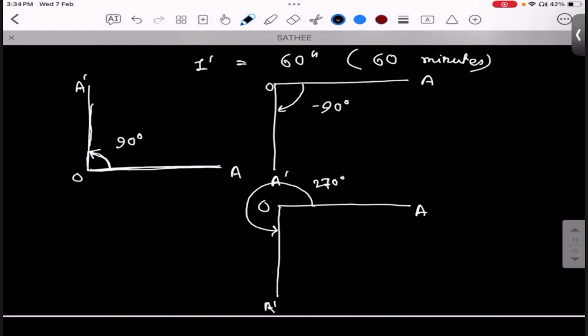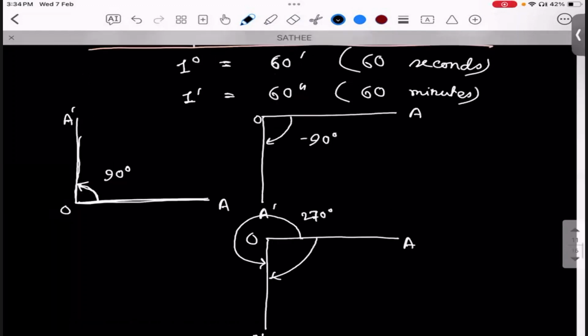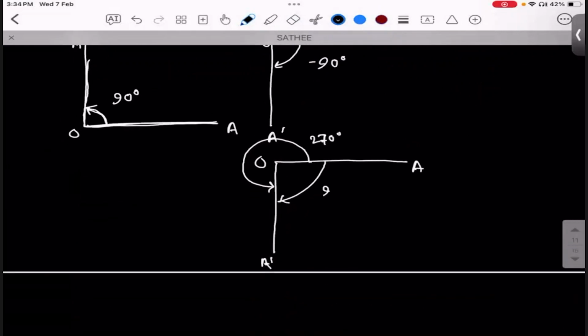So clearly you can see that a complete rotation is equal to 360 degree. Here I say 90 degree, minus 90 degree, and 270 degree. Depending on this rotational direction, I am saying 90 and minus 90 degree. It is not that I add or subtract these two. Depending on the direction, I am putting a plus or minus sign.